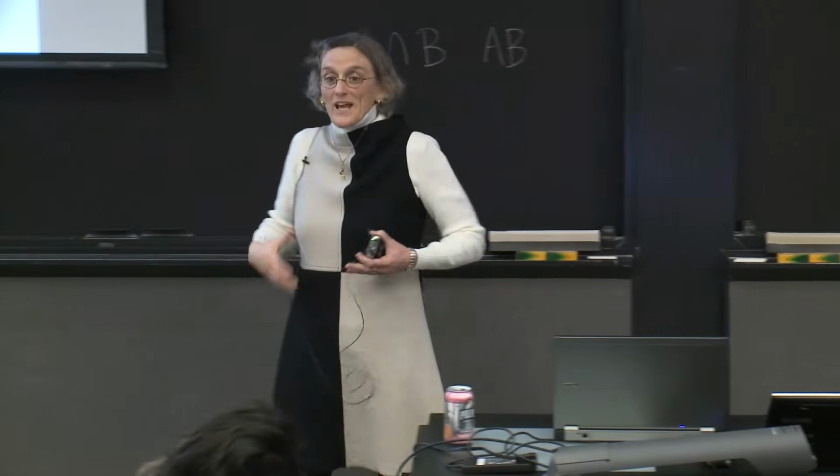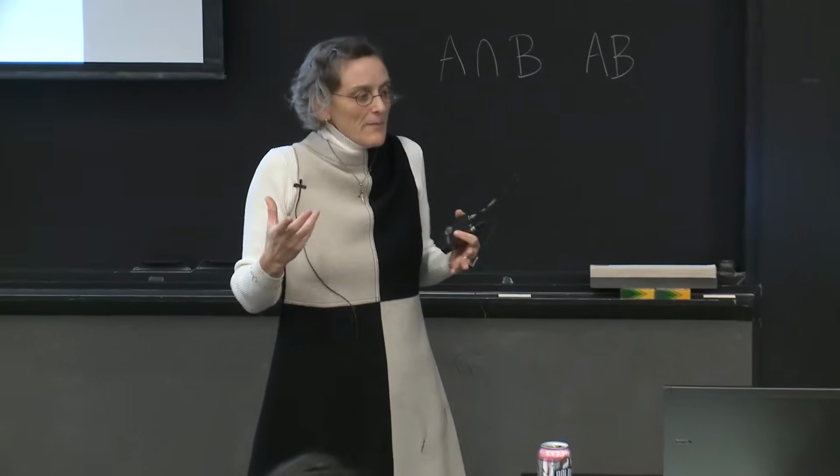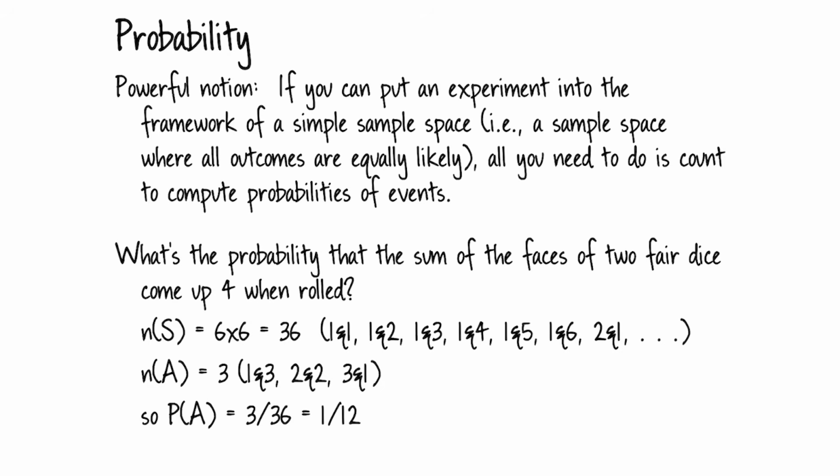So why do we have this special case and why do we consider it? Well, it's a really powerful notion if you think about it. If you can take an experiment that you're interested in and put it into this framework of a simple sample space, in other words, define the experiment so that each outcome is equally likely, that's what the simple sample space implies, all we need to do is count to compute probabilities of events.